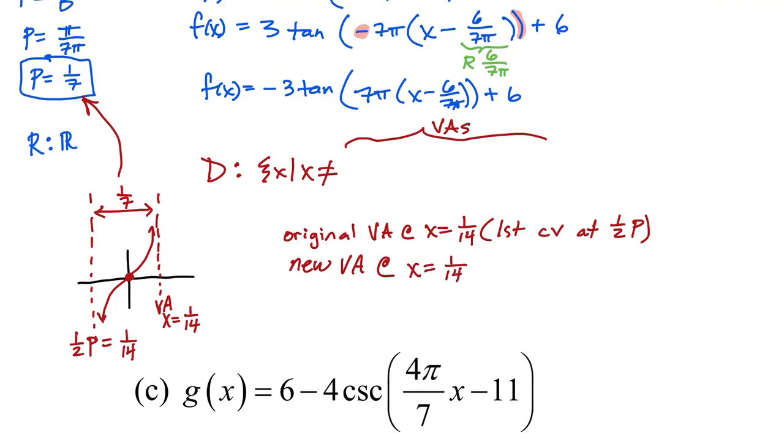And then if I'm shifting to the right, do I add the value or do I subtract the value? If we're shifting to the right, we're adding. So I need to add the 6/7 pi. There's the new vertical asymptote. I can put that answer right up here. So x cannot equal the old vertical asymptote plus where it's moved to, 6/7 pi.